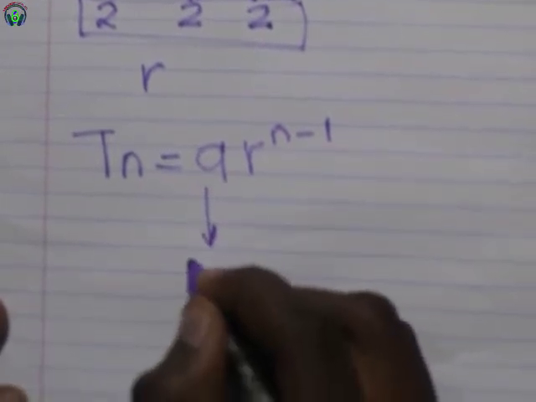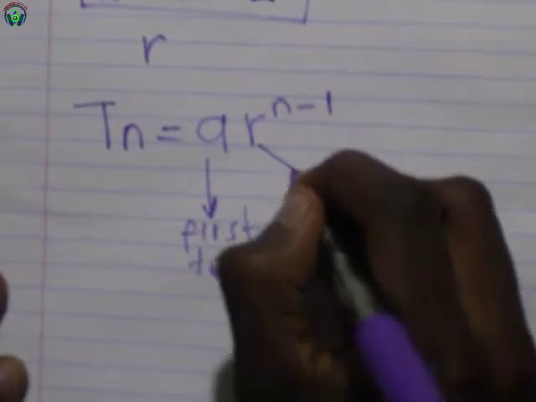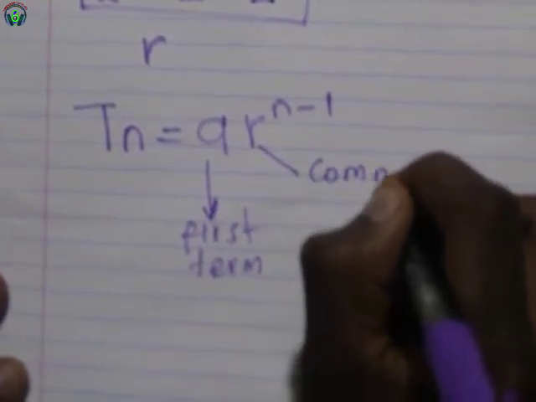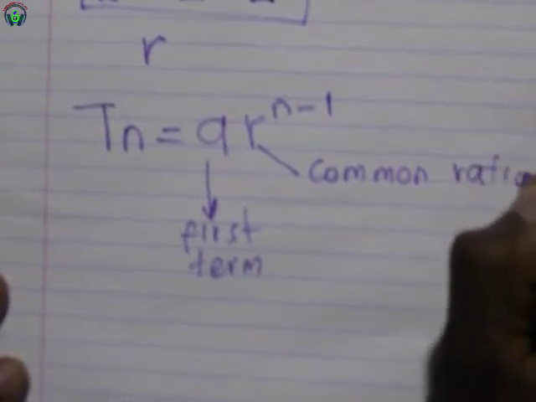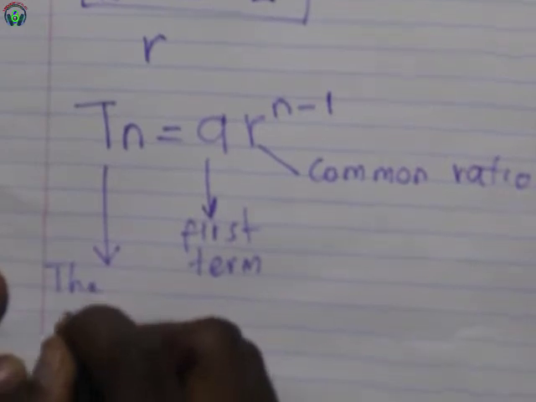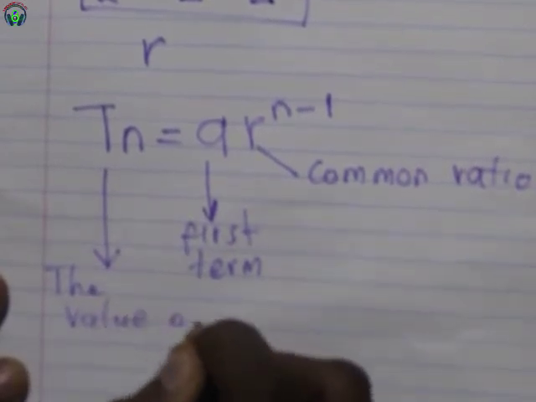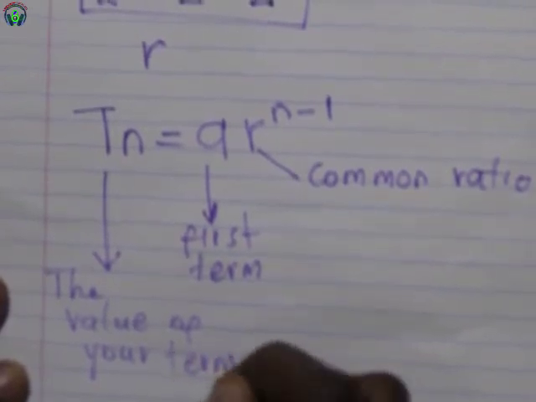A on the formula represents the first term. R represents the common ratio, which we found a minute ago. Tn is the value of your term. And n is your term number.